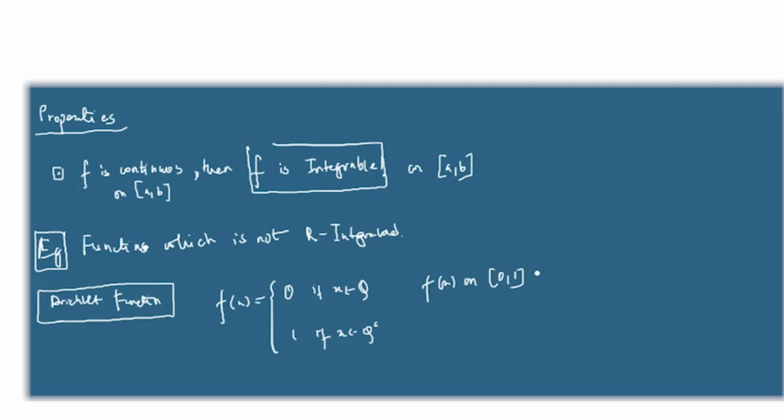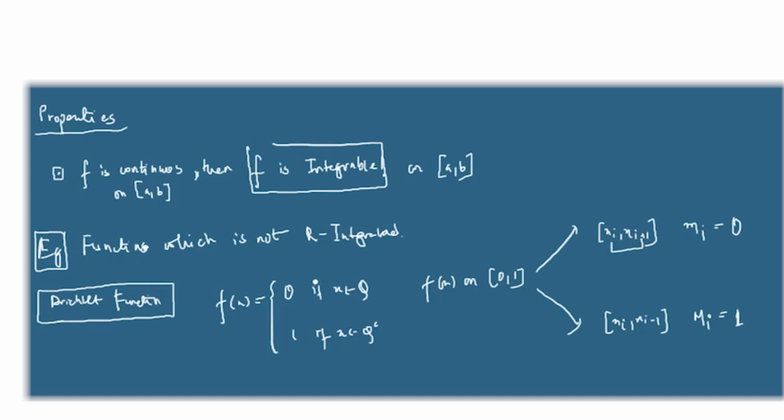understand that, let's prove it. For every partition, x_i, x_{i+1}, the small m_i will be 0 and the capital M_i will be 1 for every partition, whatever small you take, however small it is.